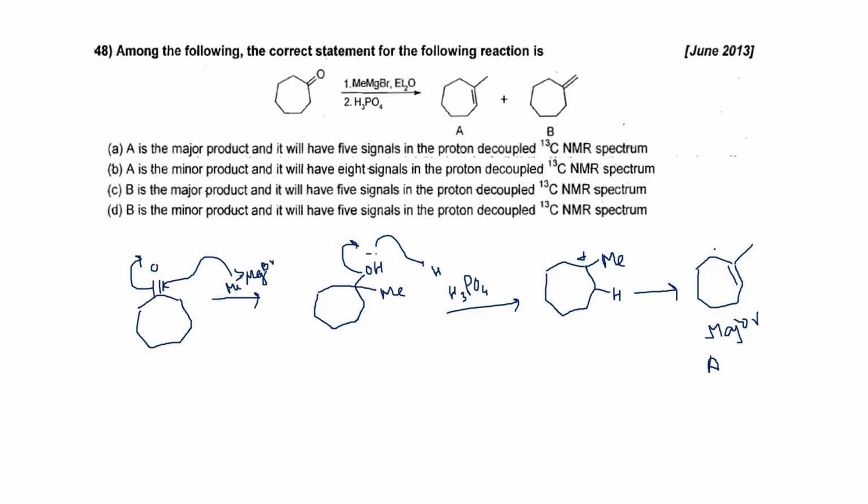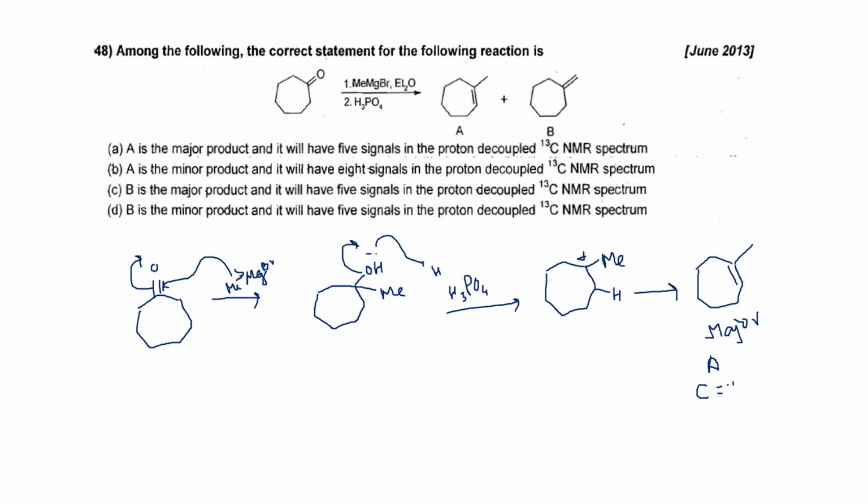And the number of 13C carbons: here the number of 13C carbons is 1, 2, 3, 4, 5, 6, 7 and 8. So the number of carbons is 8.